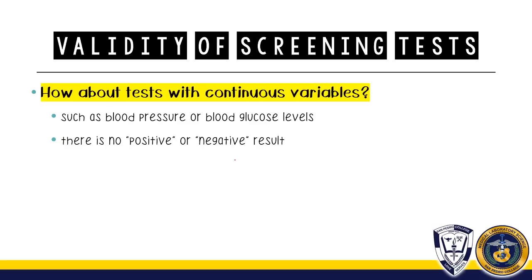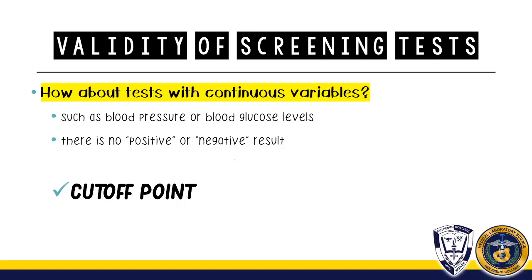You are given actual values. So how will you know if your blood pressure or blood glucose level is truly high or truly low? For tests with continuous variables, what we need here is setting a cutoff point.